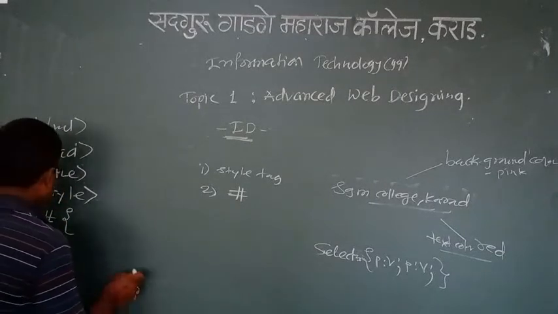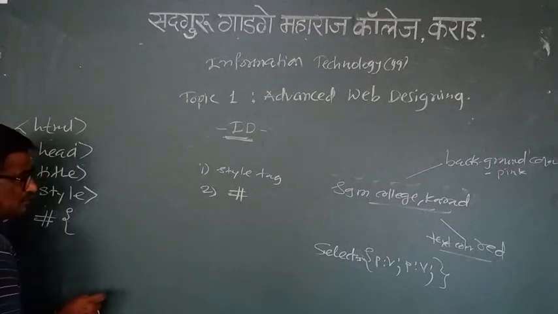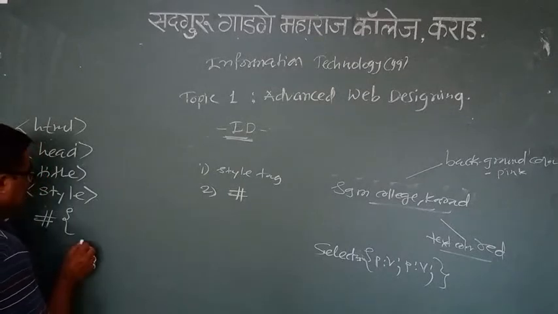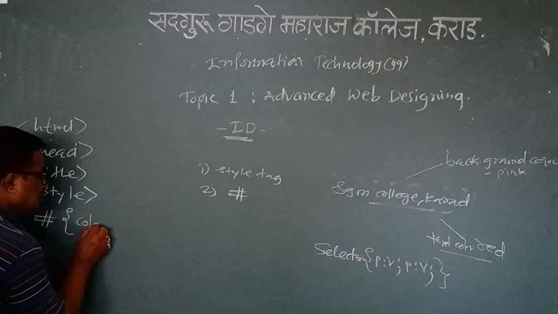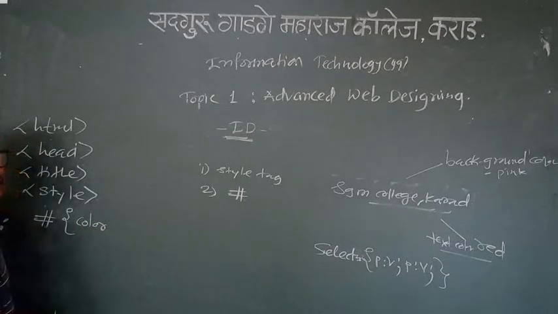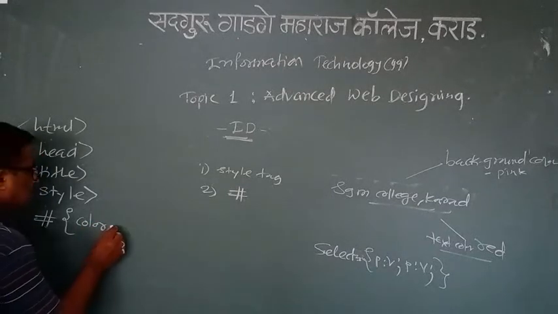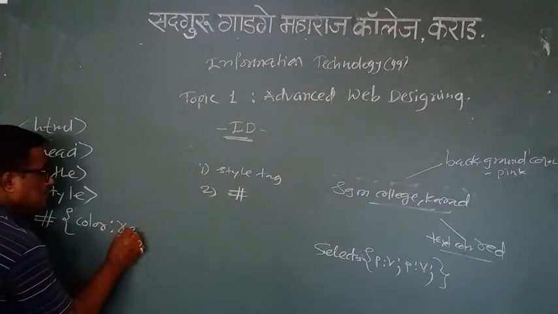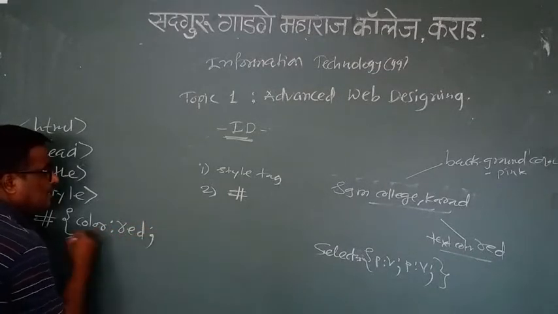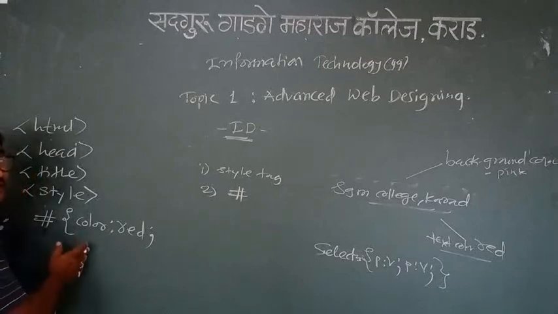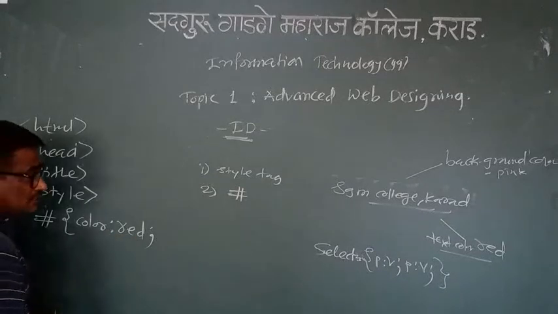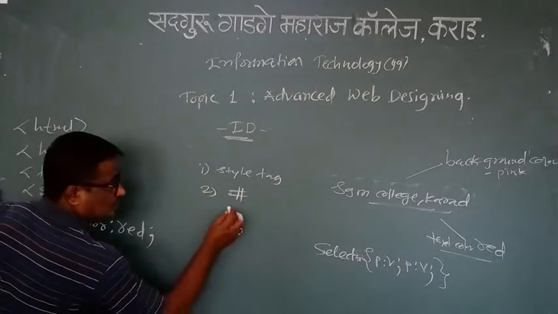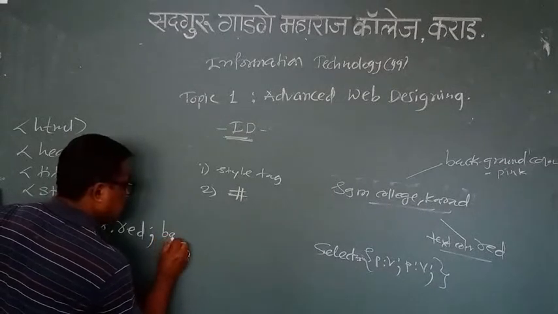First we use the text color. The property name is color, separated by a colon, value is red, and end with a semicolon. That is the first property and value. Then the second is background color.